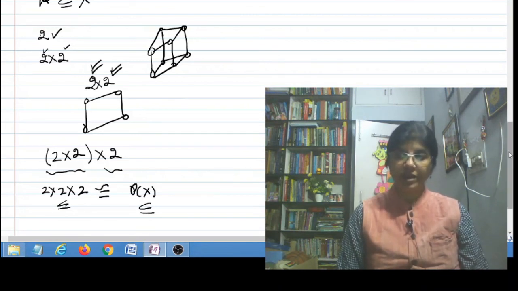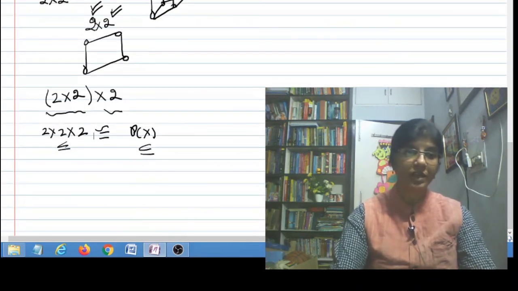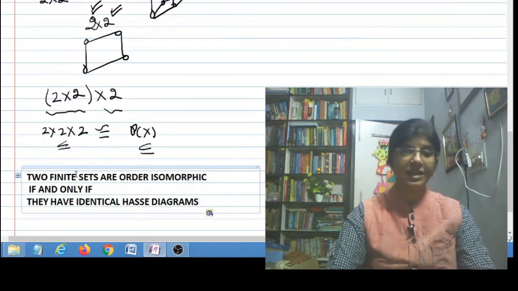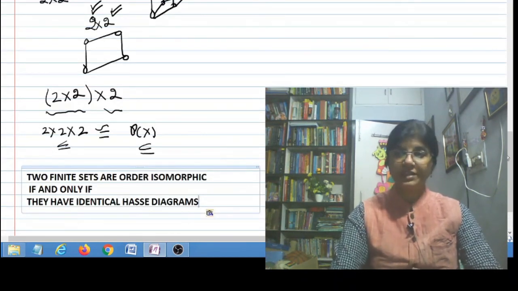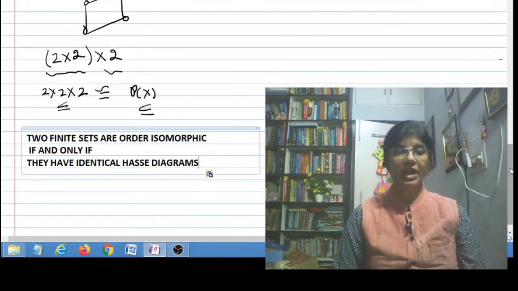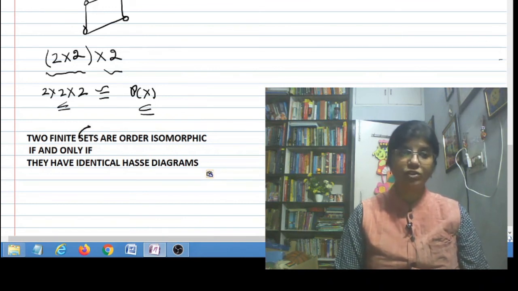And why is this whole thing coming? This is just because of the result which we have, and that result is this: two finite posets are order isomorphic if and only if they have identical Hasse diagrams, which means that if you are given two finite posets, then those posets will be order isomorphic if they have the same Hasse diagram.